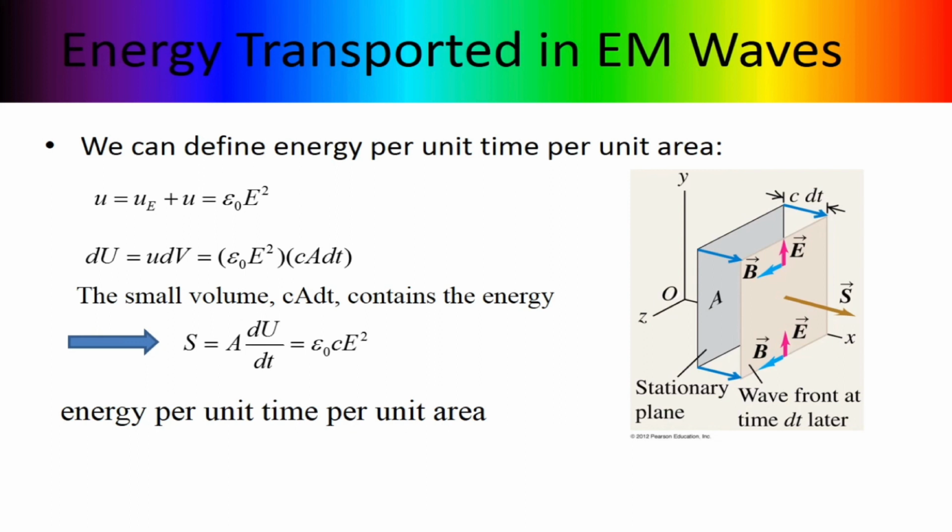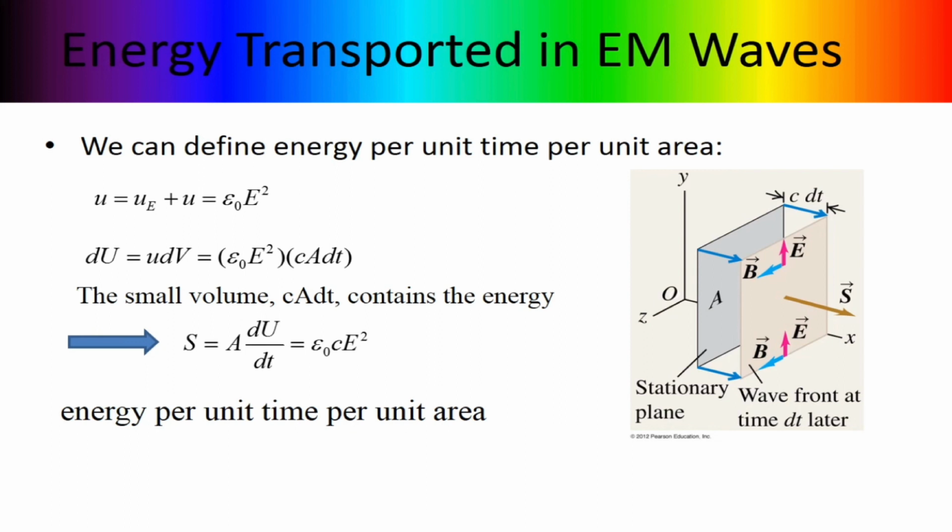So in dt amount of time, c times dt multiplied by the area would give you the volume of the energy. And then multiplying that by energy density gives you total energy that passed through the cell phone in that amount of time, dU. And that small volume c A dt contains the energy.